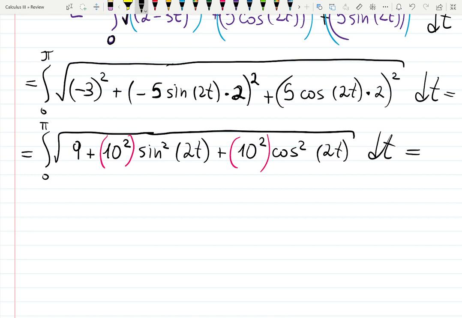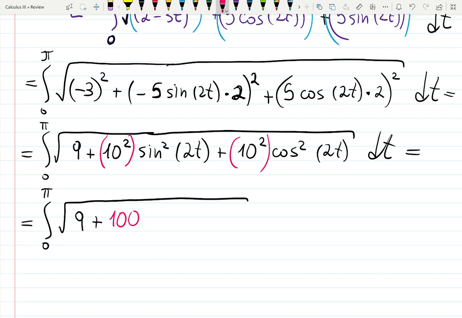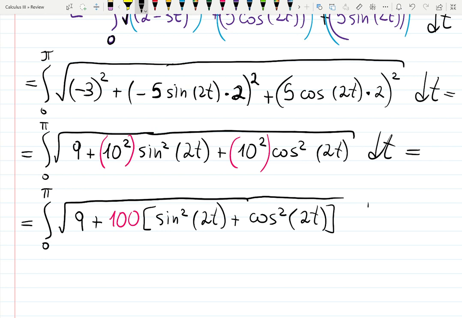Why do I want to do that? Every time you see sine squared and cosine squared with plus signs, you hope that they will be added together to get 1. That's exactly the idea here. I will factor out 10 squared, which is 100 by the way, and then I will have sine squared of 2t plus cosine squared of 2t dt.